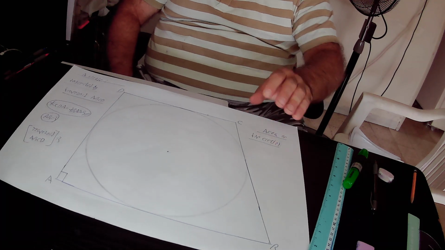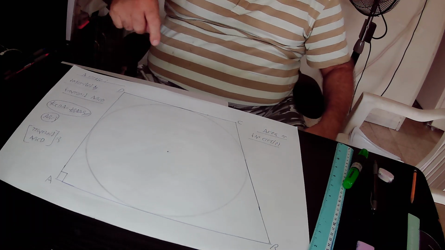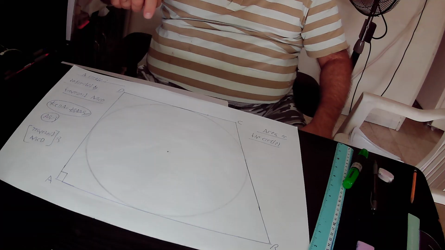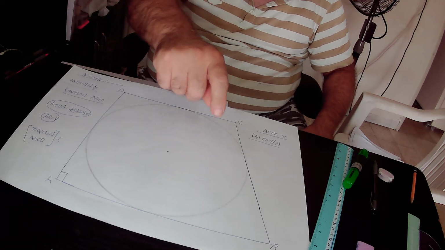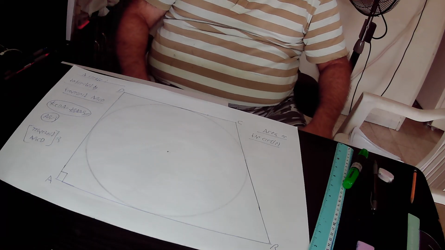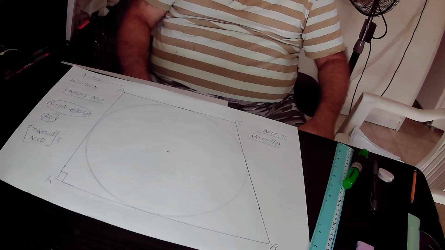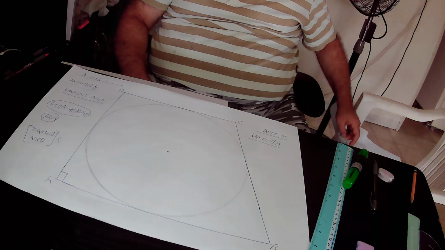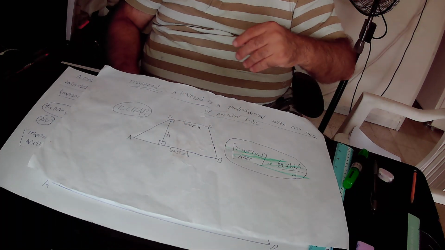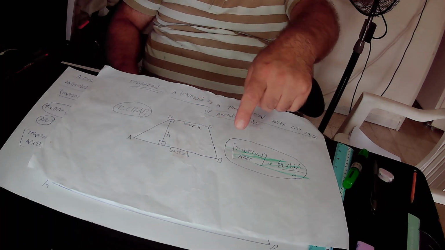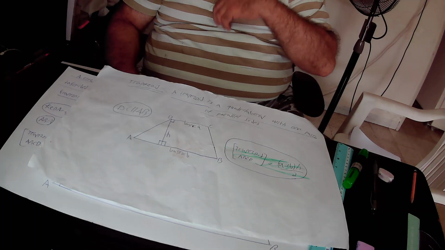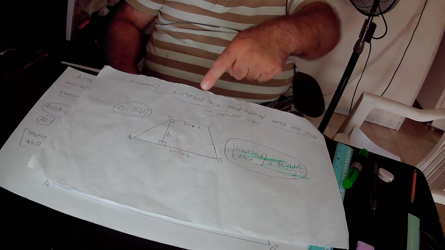In the second question, our task is to find the area of the circle that is described by trapezoid ABCD. So first of all, what is a trapezoid? A trapezoid is a quadrilateral with one pair of parallel sides. This is trapezoid ABCD, or we can say it is quadrilateral ABCD.